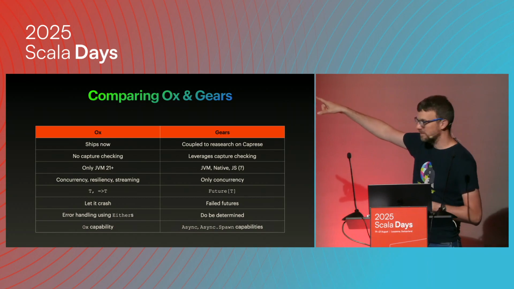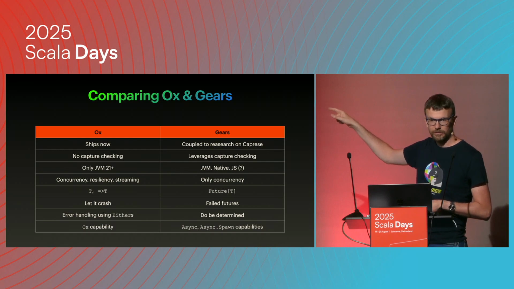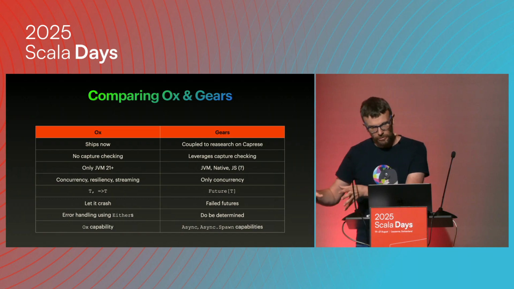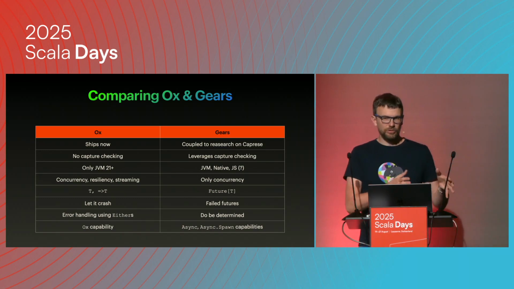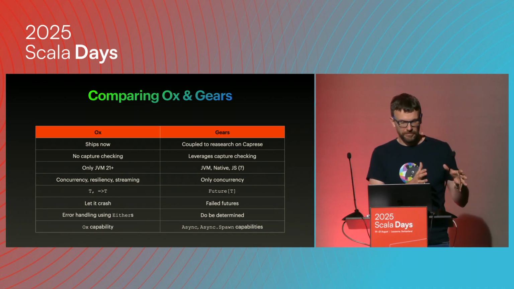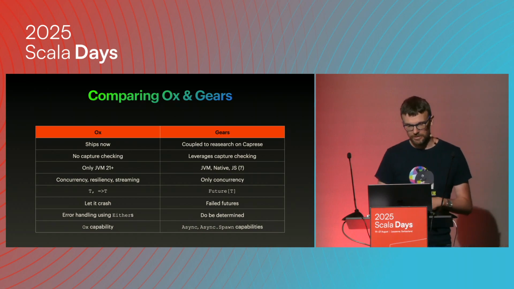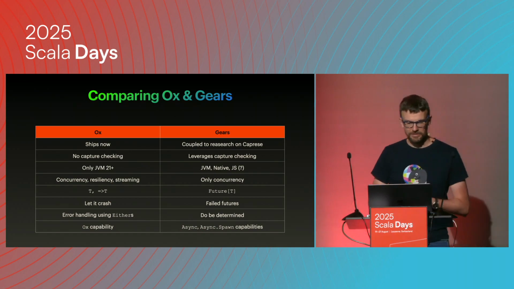The future in Gears is actually a different future than the Scala concurrent future. So they focus more on working with futures, while in Ox you very rarely work with forks, which are the corresponding abstraction. You rather work with direct types T.